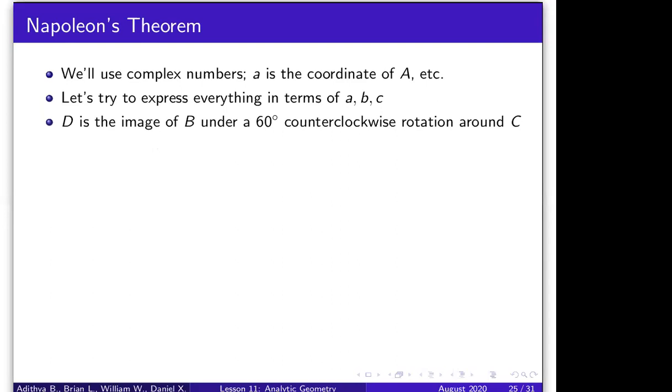So in the diagram we had before, triangle ABC, the vertices A, B, C were labeled counterclockwise. So in this case, D is the image of B under a 60 degrees counterclockwise rotation around C. With this, we can write the expression for D. We know the rotation formula, so let's write D in terms of b, c, and trig functions of 60.